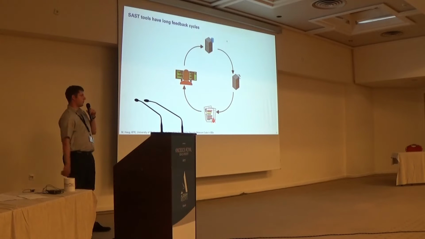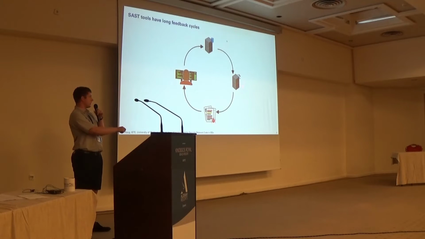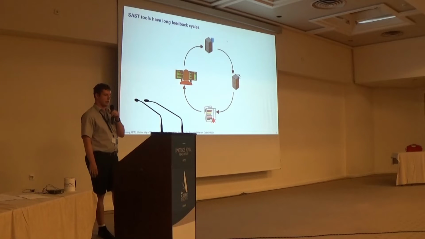Instead, we perform them as part of the nightly build, so developers code something, push it to a repository, and during CI or a nightly build, a build machine analyzes the code, creates a report, which developers get to see a few hours later or even days on the next day.